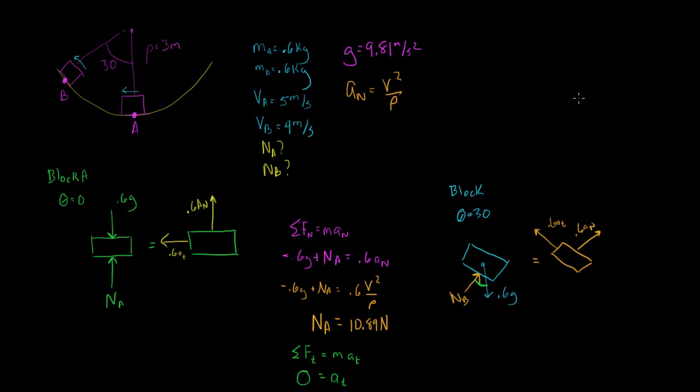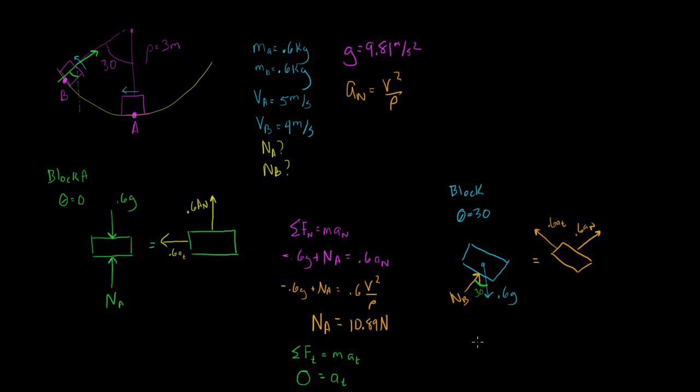Since this normal direction is right like this, and this vertical direction is right down like that, we know that this angle right in here is 30 degrees. Just because this is a vertical line, and this 30 degrees is the angle that the normal acceleration is at, and what our normal direction is. So this is 30 degrees right here.